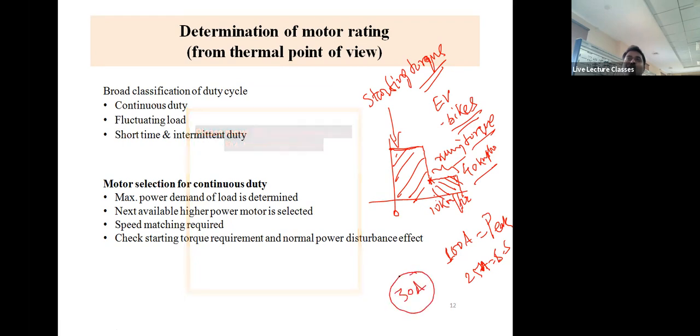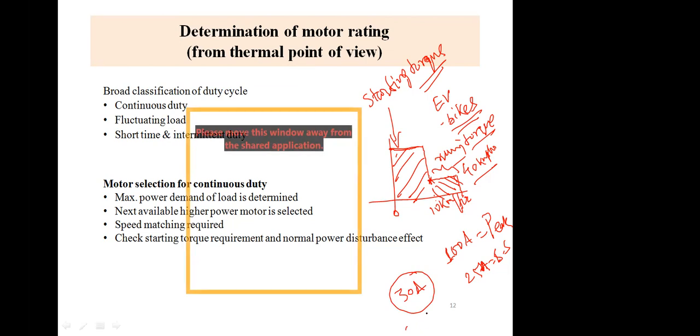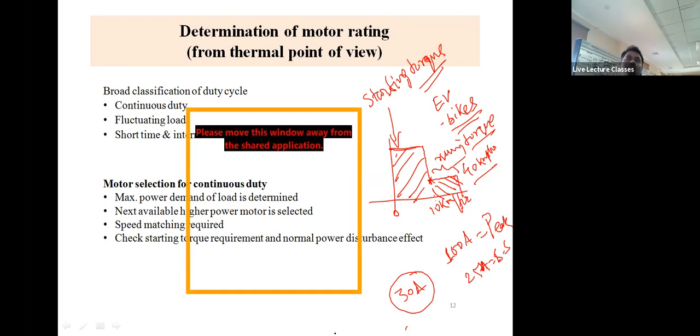Tell me, will your vehicle start with two people? Yes, it will start, but the surface has to be like this. It cannot be flat. If it is flat, it will not be able to pick up that 100 ampere, right?